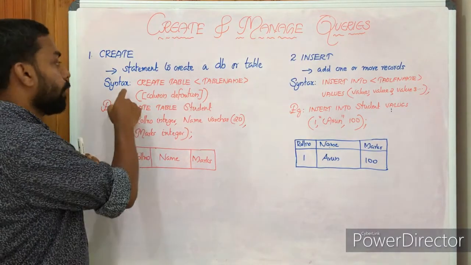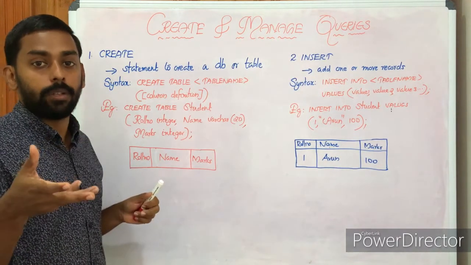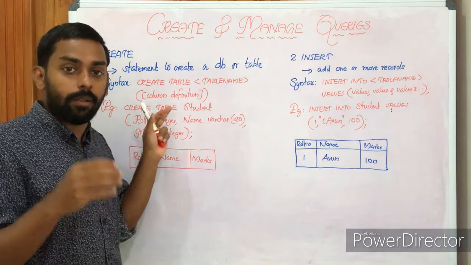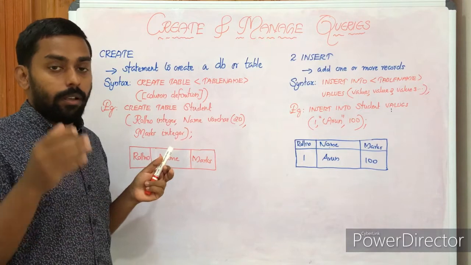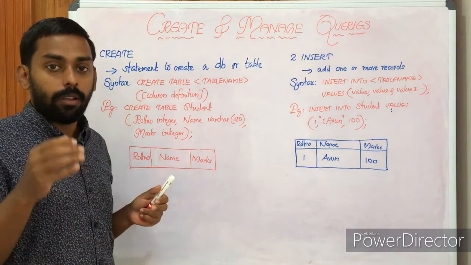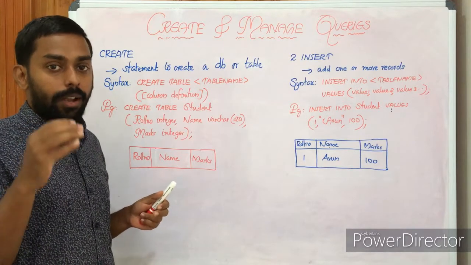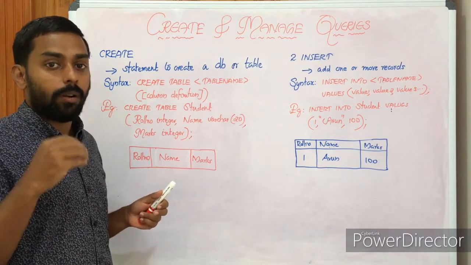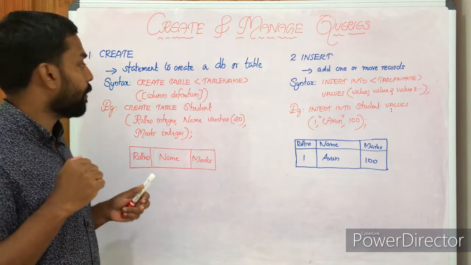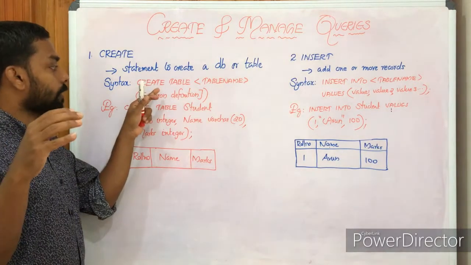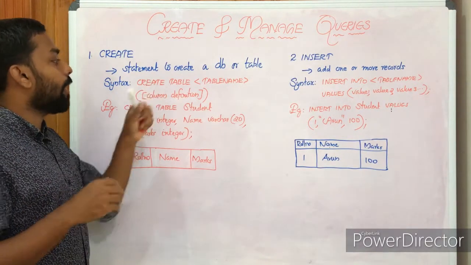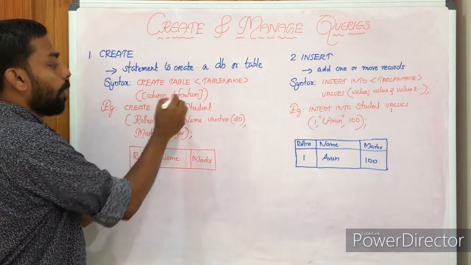So here is the syntax. Syntax means rules. You have to follow this syntax, otherwise it shows error, right? Syntax means grammatical rules to be followed at the time of applying anything in a computer language, at the time of coding or using a computer language. So the syntax is: create table, table name, column definition.